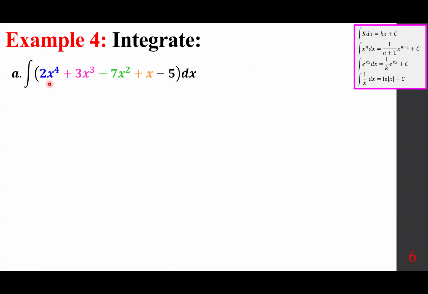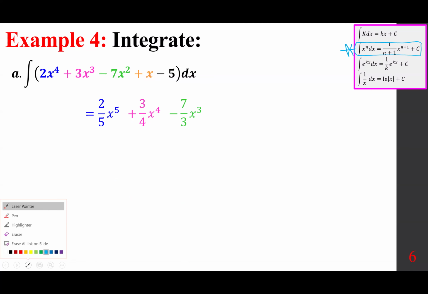The integral of 2x to the power of 4 plus 3x cubed minus 7x squared plus x minus 5. You are using the power rule. 2 over 5 x to the power of 5 plus 3 over 4 x to the power of 4 minus 7/3 x cubed plus x.